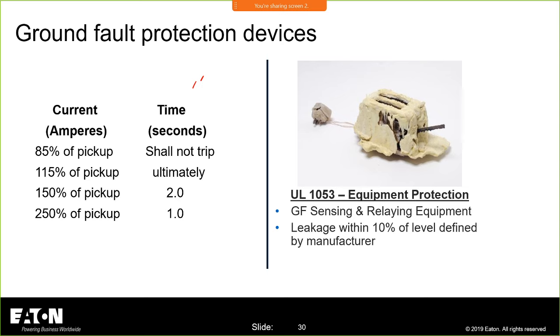Ultimately, I don't know what ultimately is. I don't know if you run the test, and say, hey, let's go grab a sandwich at Parmani Brothers and come back and see if this thing's tripped. I don't know what that means, but ultimately it has to trip. At 150%, you have 2 seconds. At 250%, you have 1 second. So not quite a GFCI response capability for that device.